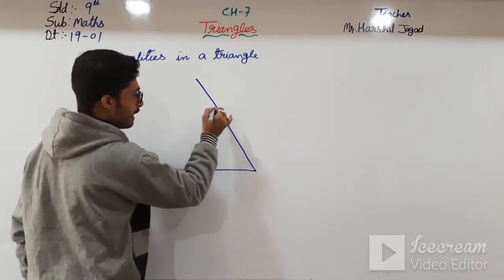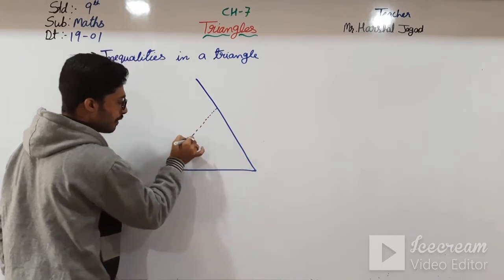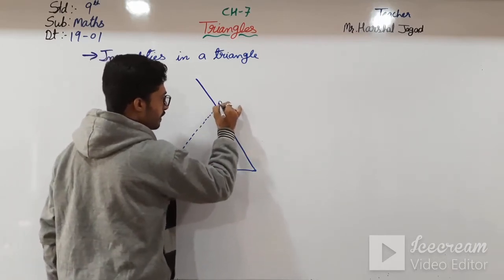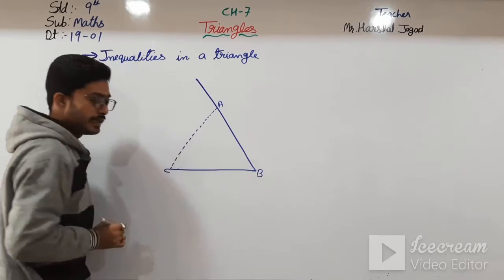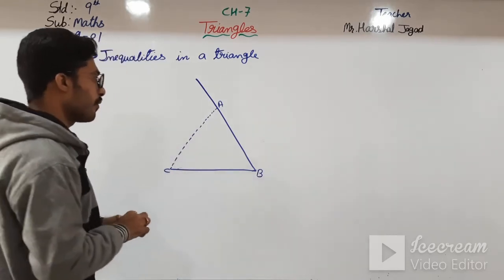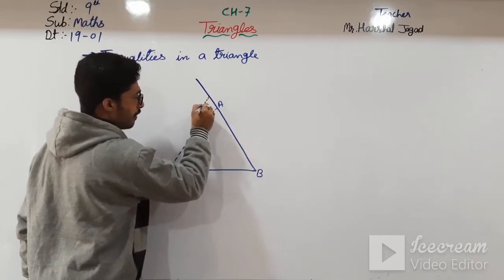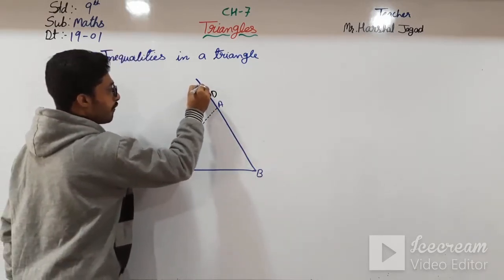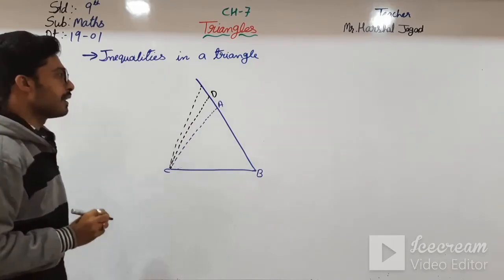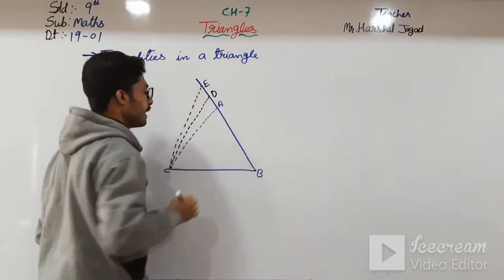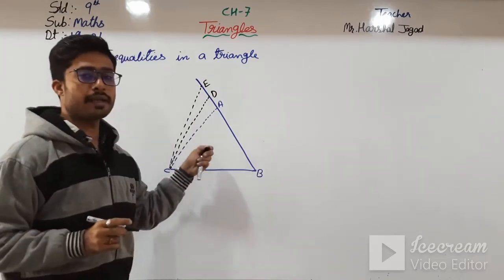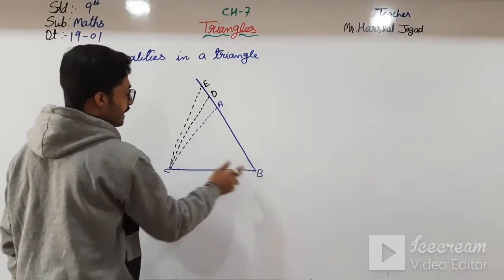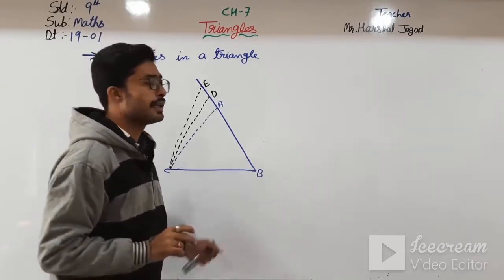If I give points over here, I am not giving the angles, I am giving the points, that is A, B and C. Then if I draw another line from here and say D, and then E, you can see there is a difference between the triangles ABC, DBC, EBC. So this is the inequalities in the triangle.